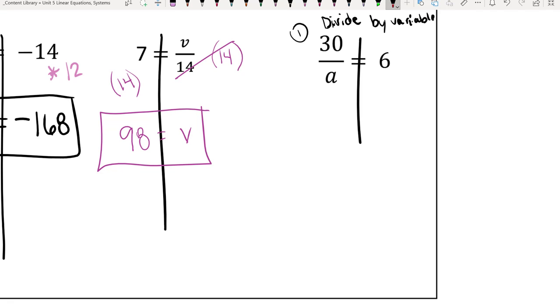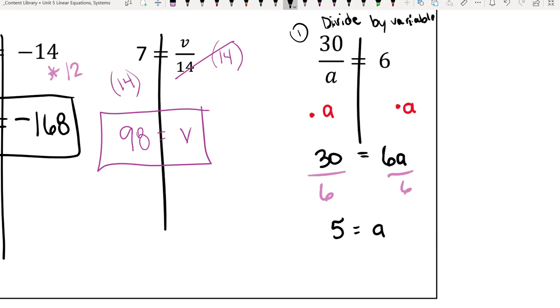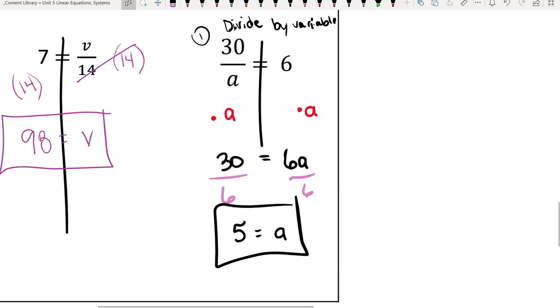So one of the things that you could do is, if you didn't know the fact, you could say, I'm going to get rid of the a and multiply by a. And what that does for you is it makes it a more understandable equation: 6 times some number a equals 30. And then you're like, oh, well, obviously at this point, I know that if I divide both sides by 6, then I'm going to know that 5 is equal to this variable, a. So that's one way to deal with it.